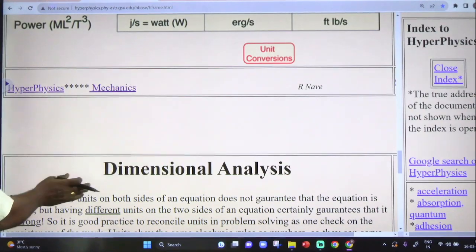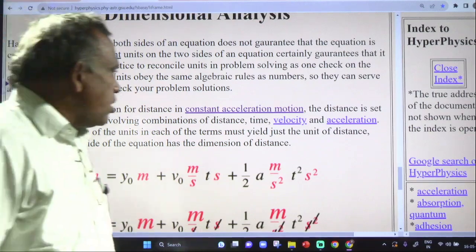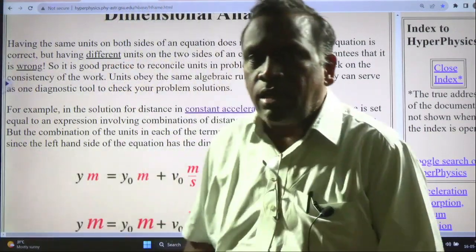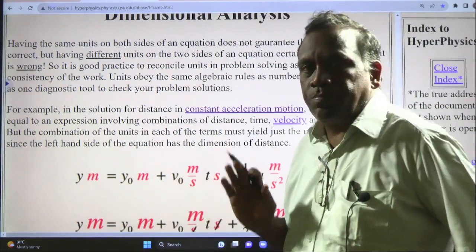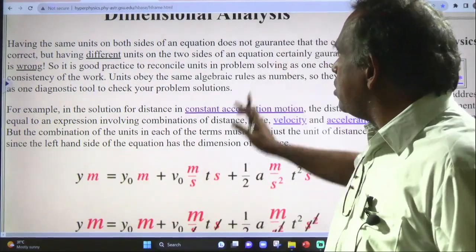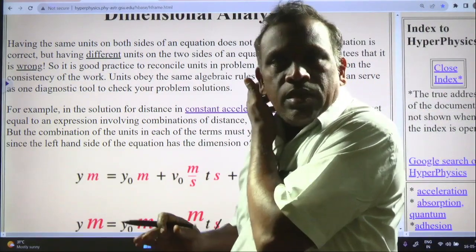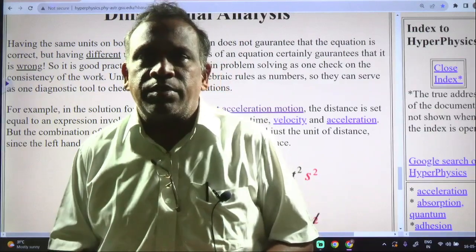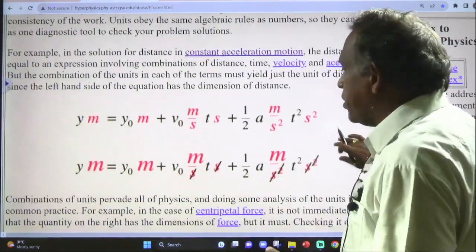What is dimensional analysis? It is expressing different physical quantities in terms of fundamental quantities like length, mass, time. For example, velocity, whose unit is meters per second, is L T power minus 1.